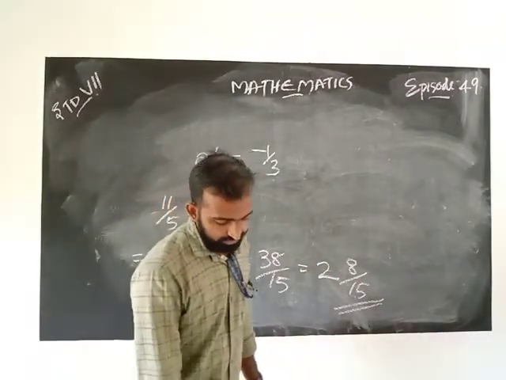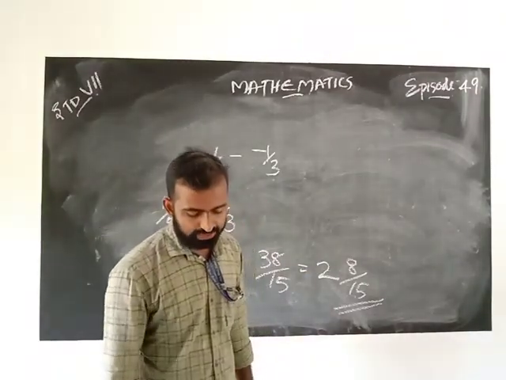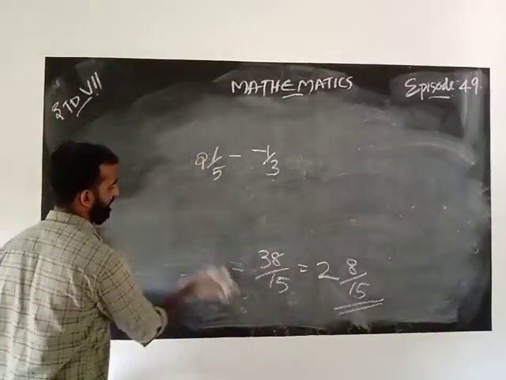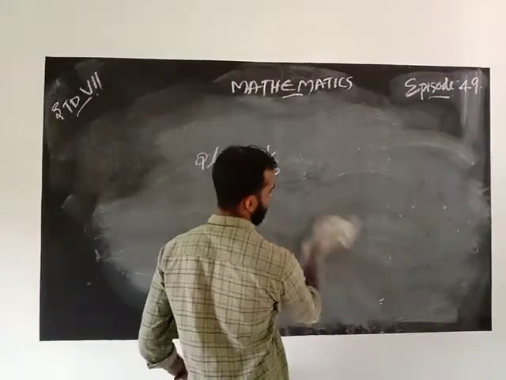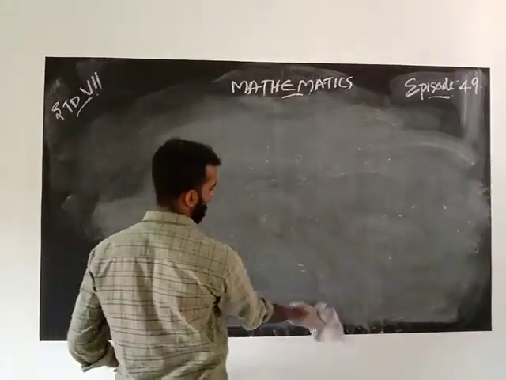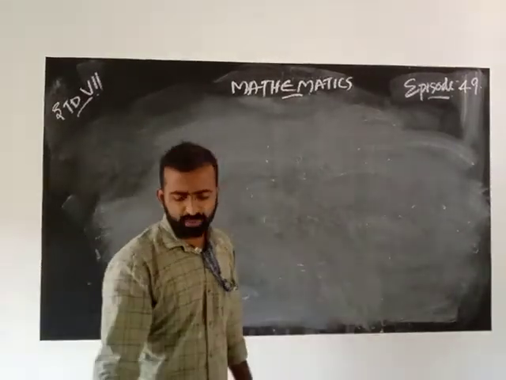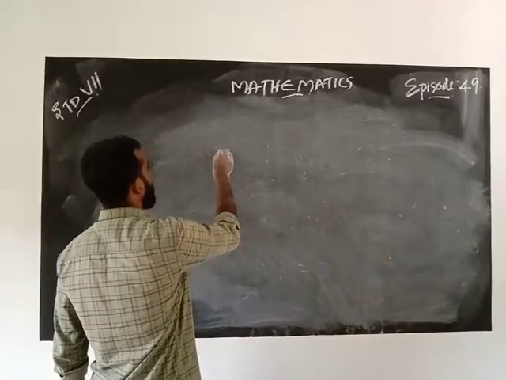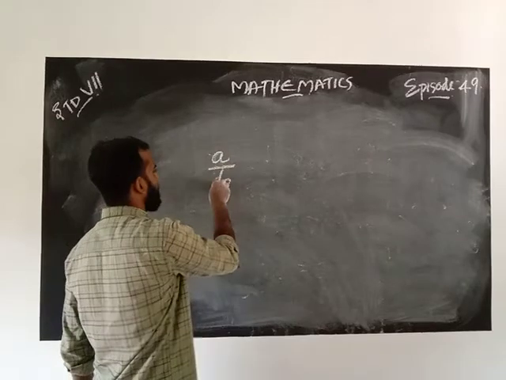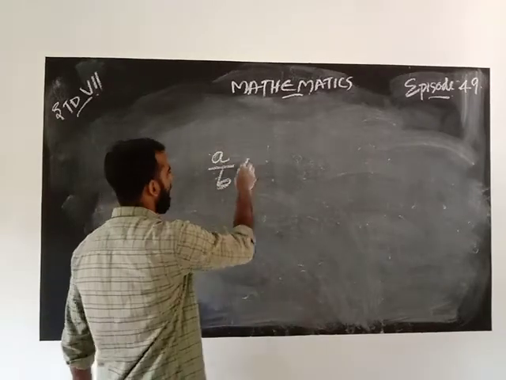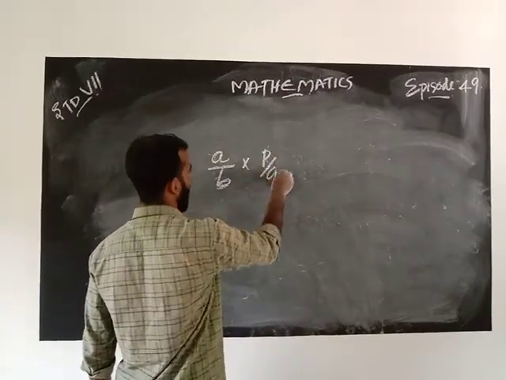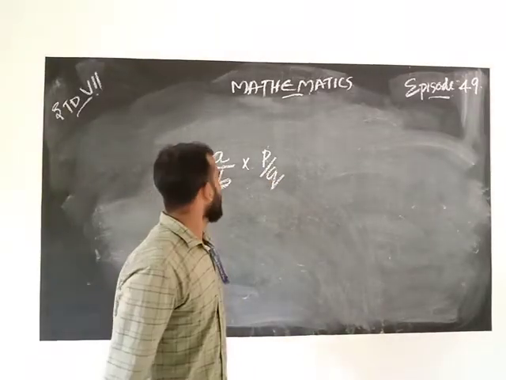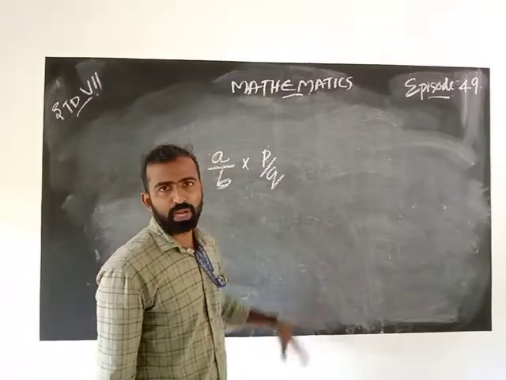And next we are going to discuss multiplication. The multiplication process: a by b is a rational number and p by q is also a rational number. Then we want to multiply these two rational numbers.